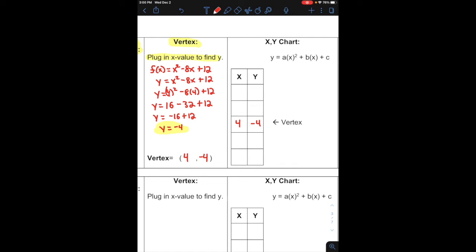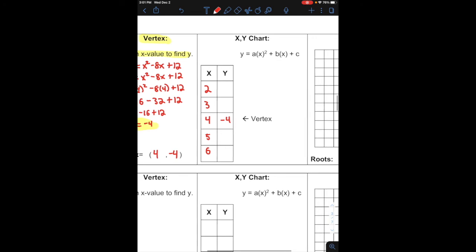We're going to go ahead and pick our x values in order from the vertex. So since the x value vertex is 4, we'll now pick 5 and 6, and then we'll go backwards and pick 3 and 2.